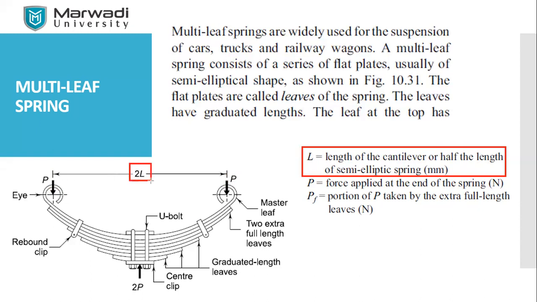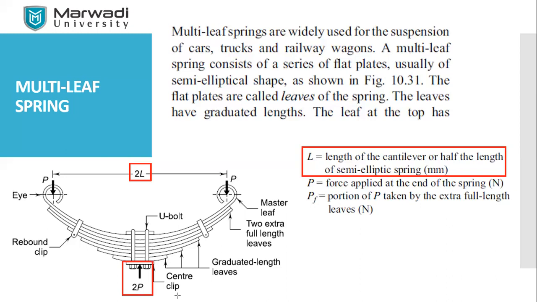So simply you can say that L is equal to the half length. P is the force which is applied at the end of the spring. So at the two ends we have 2P force, which will be reacted by the center part with 2P in the upward direction, which is the reaction to the downward force 2P.